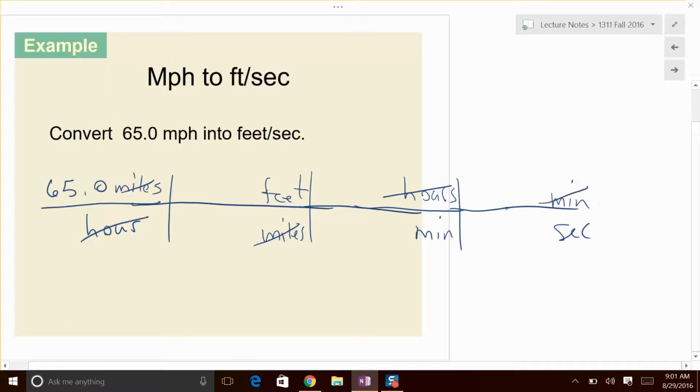Minutes. There you go. And I'm left with feet per second. So does anybody know the conversion for miles to feet? 5,280 feet for every 1 mile. Good.